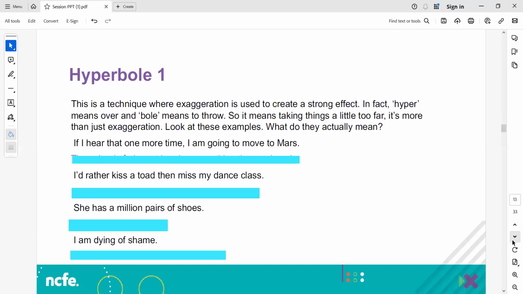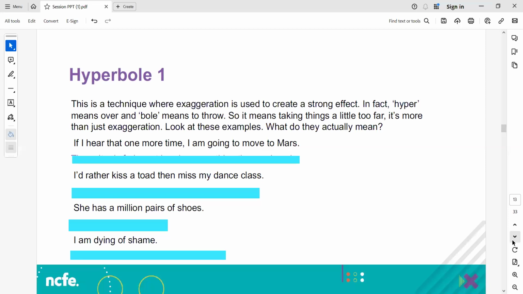So hyperbole. Hyperbole is a word for exaggeration in writing. This is a technique where exaggeration is used to create a strong effect.